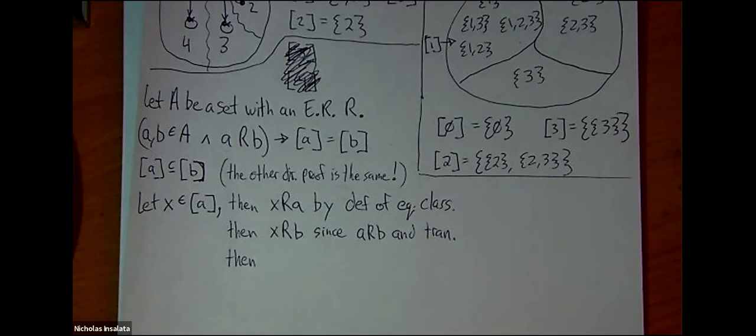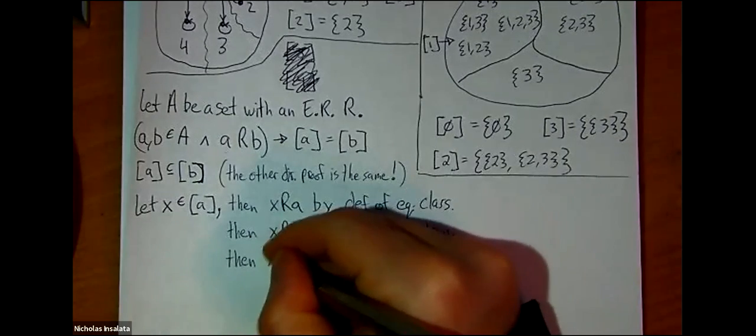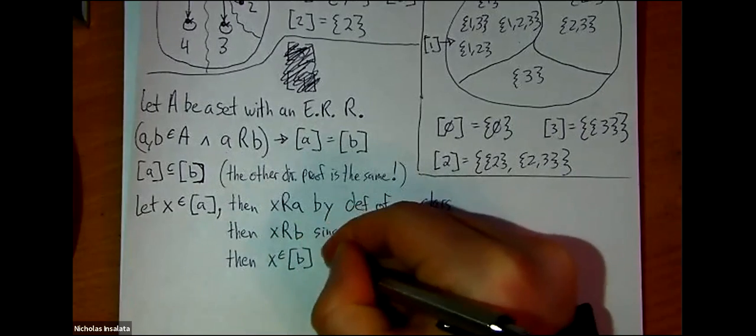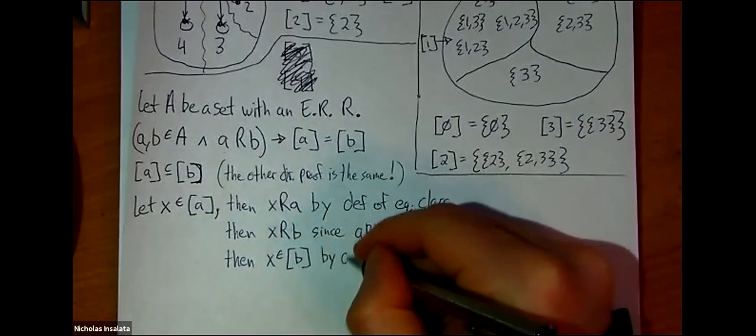So what's our last step? Good. X is an element of the equivalence class of B by definition of equivalence class.